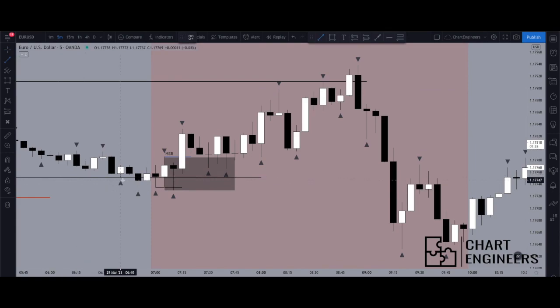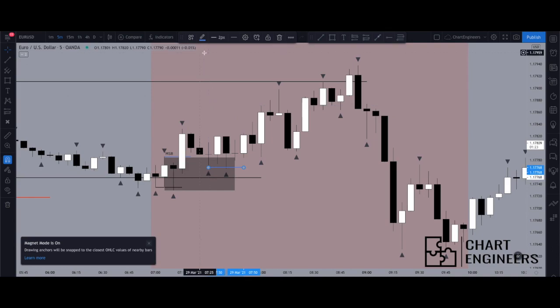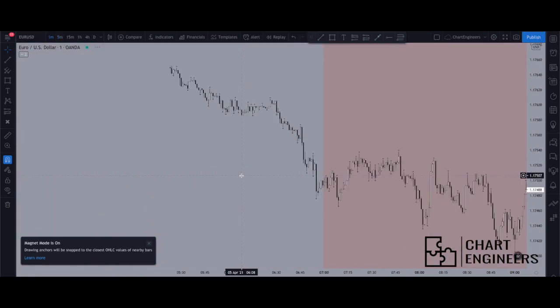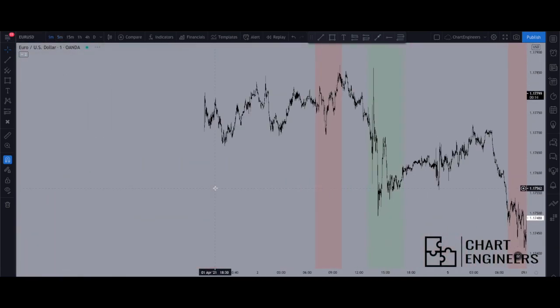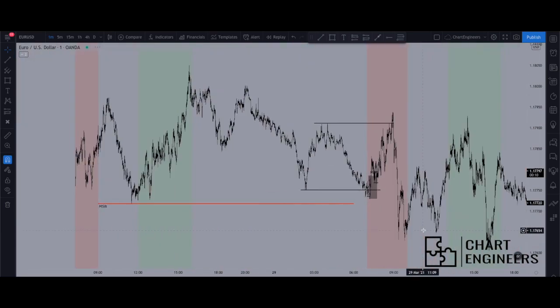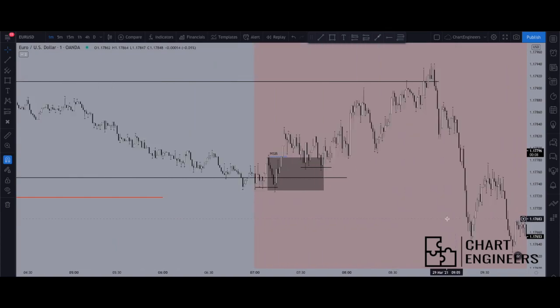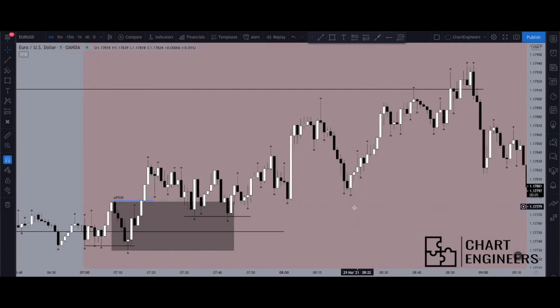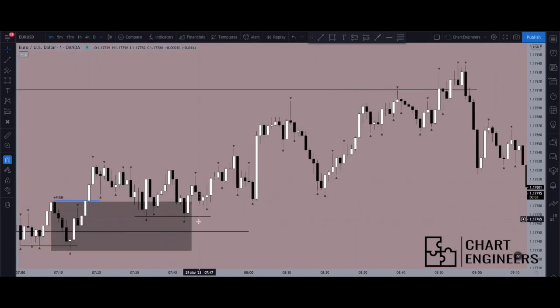So there we had the H1 raid, then we've got another M5 raid here. So another M5 raid. Go back to your 1 minute time frame. So your most recent fractal high would be these double tops.